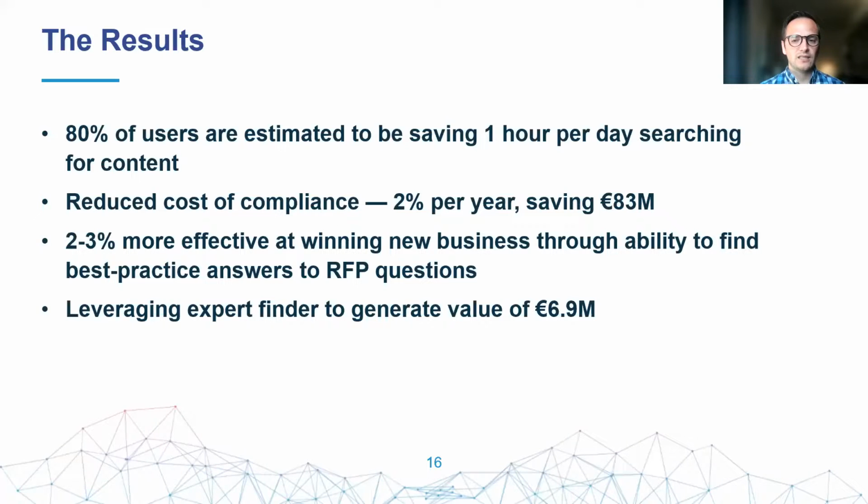Some of the results that they saw: 80% of their users are estimated to be saving an hour a day searching for content, at least an hour a day. Cost of compliance, 2% a year, which for a large company like this is 83 million euro. 2 to 3%, these little changes, like Martin was saying with cost of quality, even if it's 5%, it can be a massive amount of money over time. 2 to 3% more effective at winning new business because they were able to pull that information out more quickly.